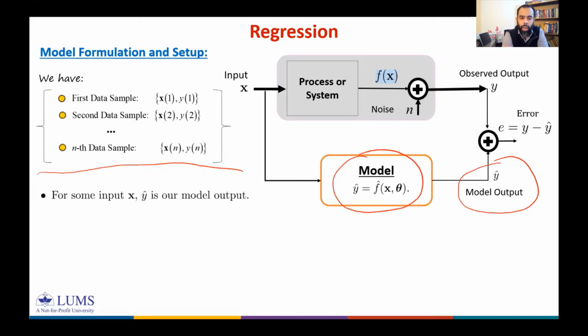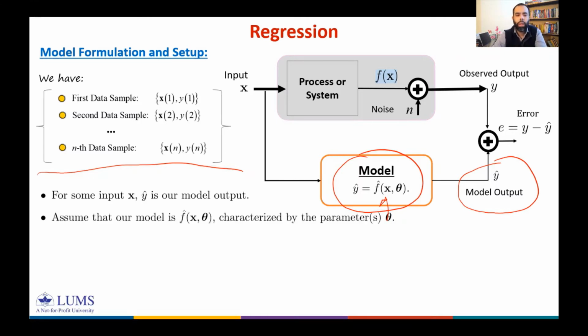Our model output depends on x, and also depends on this theta. What is this theta? Theta captures the parameters of the model. We assume that our model is f hat x of theta, which is characterized by these parameters. So theta is a vector that contains all of the parameters.